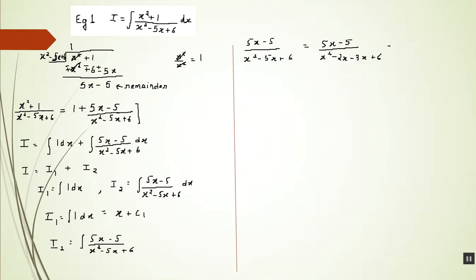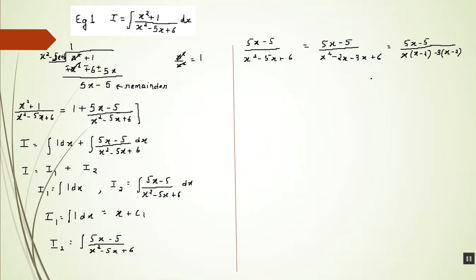So this will be equal to 5x minus 5 divided by x into x minus 2, and here I'll get minus 3, and I again get here x minus 2, right?